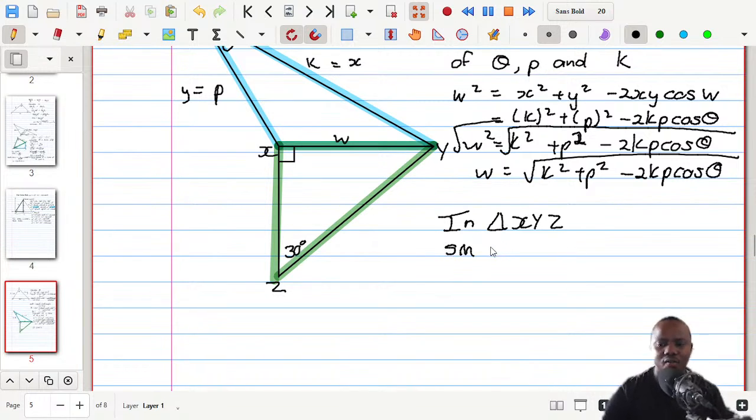So sine of Z is equal to the opposite, w, over the hypotenuse, which is just ZY.